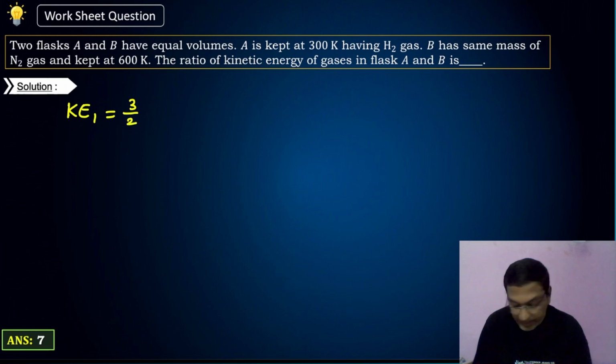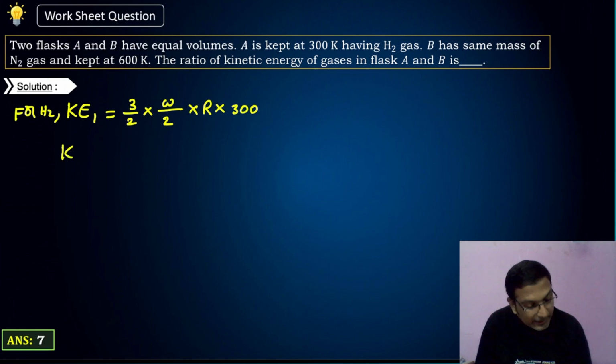We know 3 by 2 nRT. So same amount means say W is the weight. W by 2. This is for hydrogen. For H2 gas Ke1, n into R into T, 300.